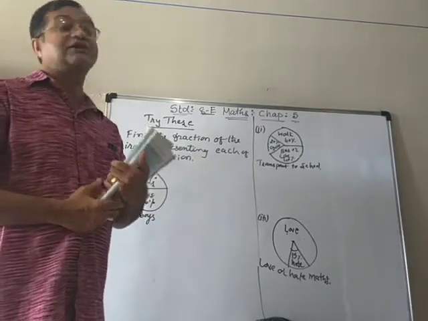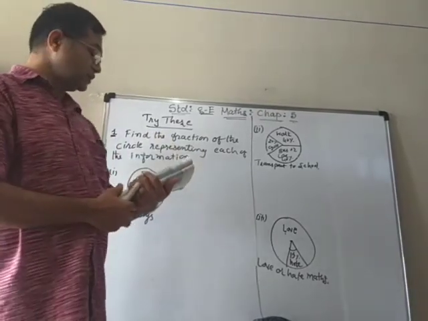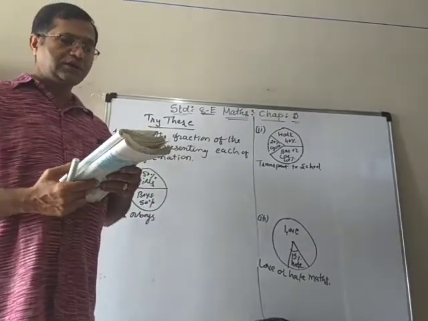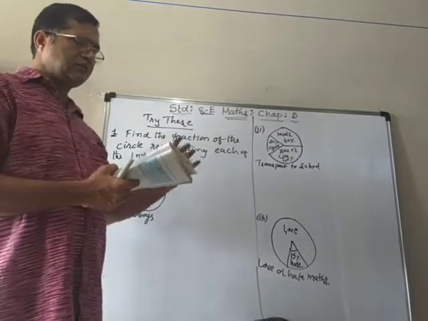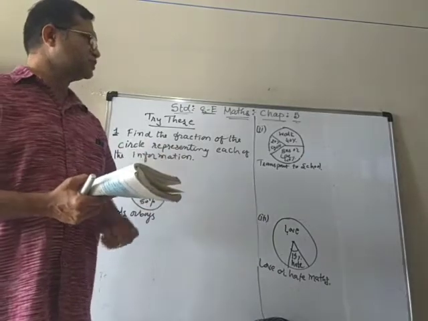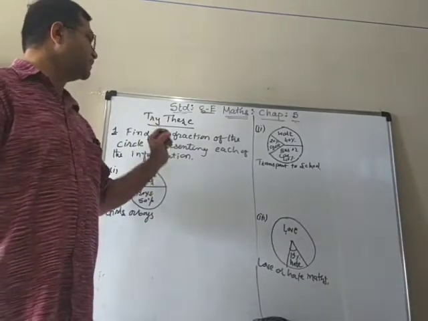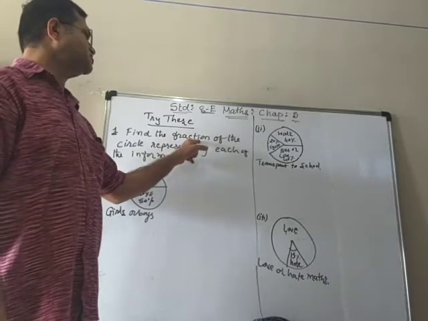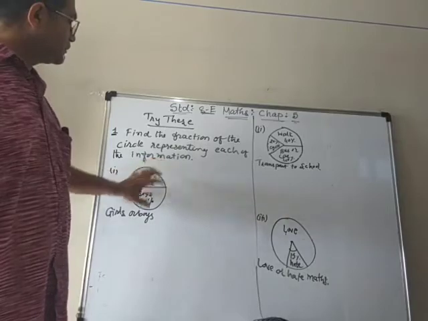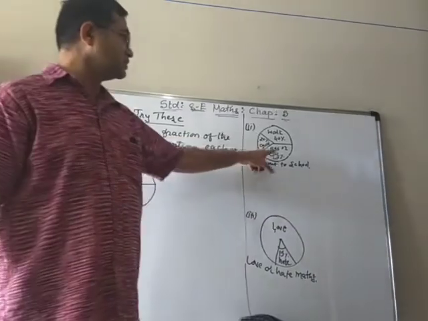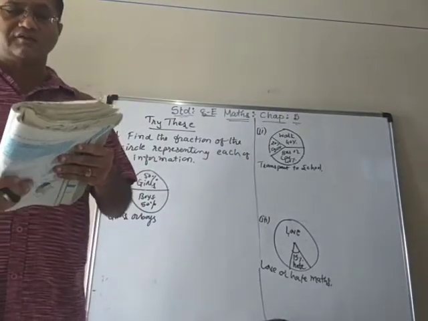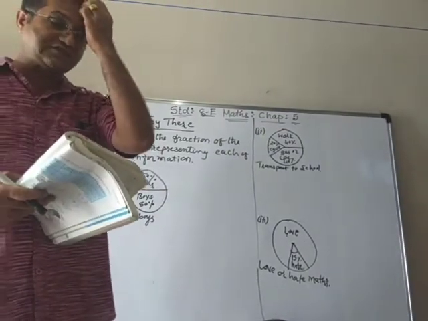Page number 78. Question 1 says 3 pie graphs are there, and it is giving some information about the class. For each circle we have to find the fraction of the circle. Here there are two parts, so we have to find the fractions of both parts. Here 3 parts are there, here 2 parts are there, and according to the information we have to find the fractions.